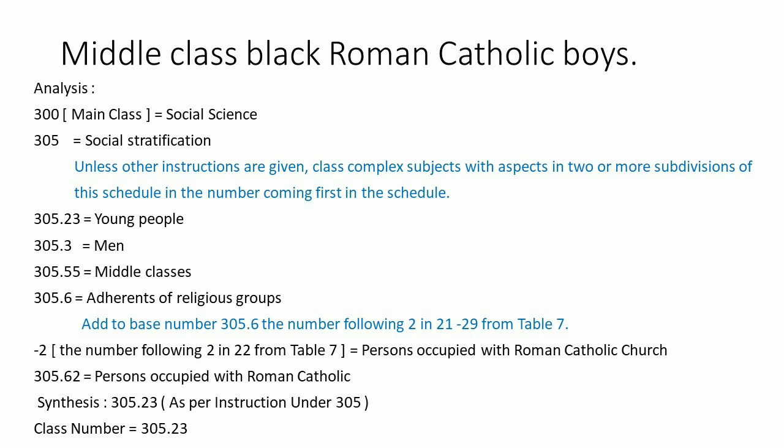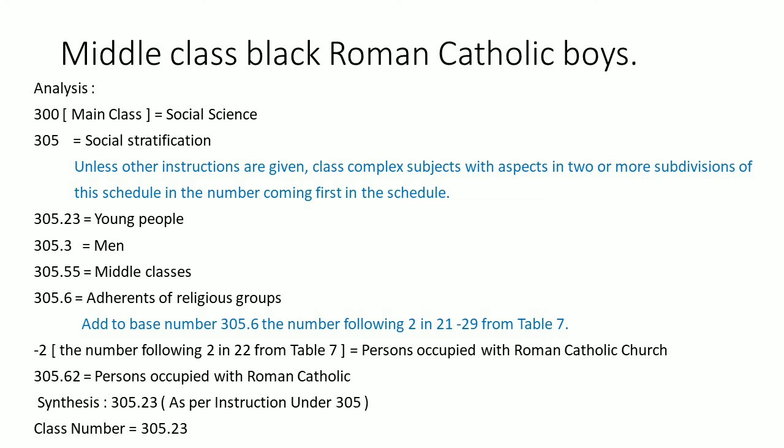In the case of middle class Roman Catholic boys we have to use this notation only, young people, because we cannot add the other notations as there is no instruction. So we have to use the notation mentioned first in the schedule.